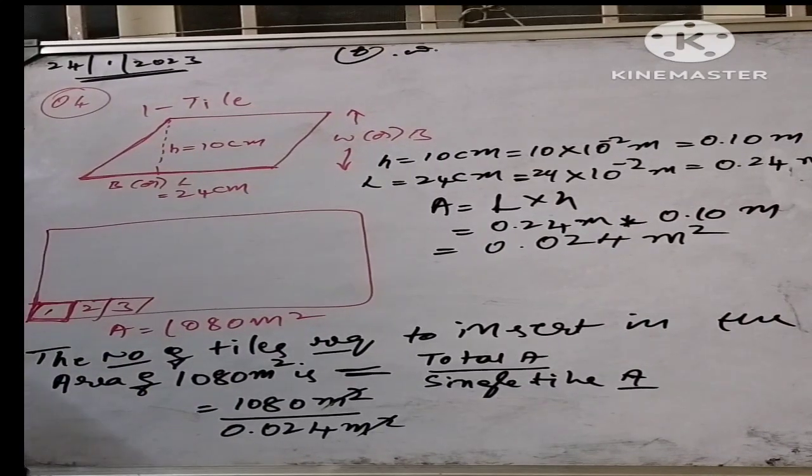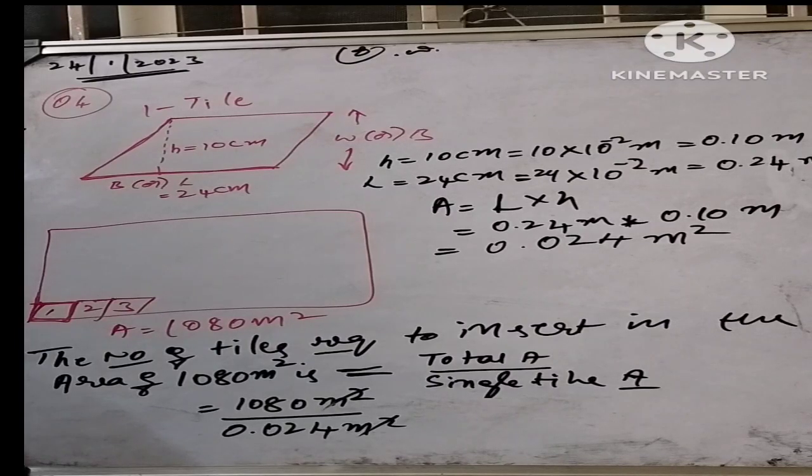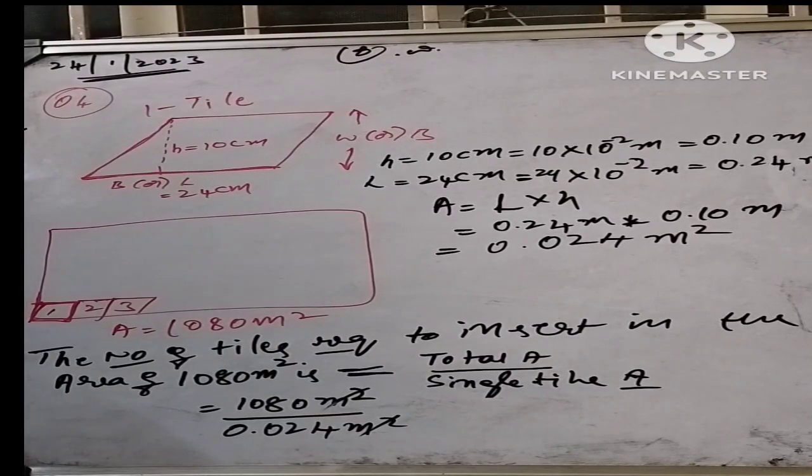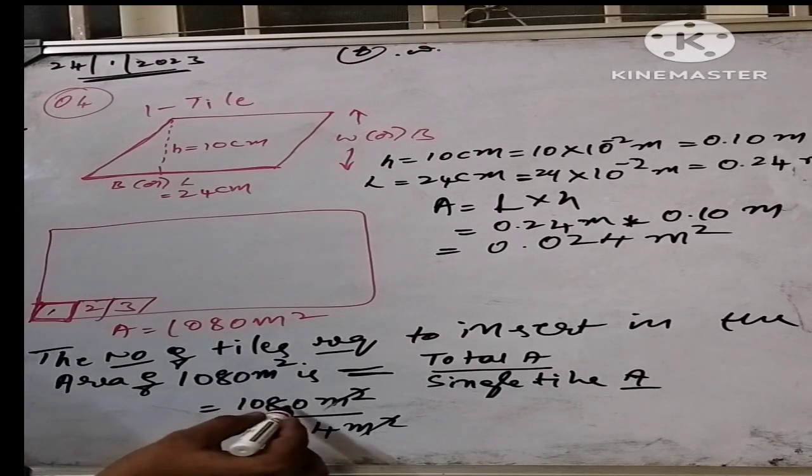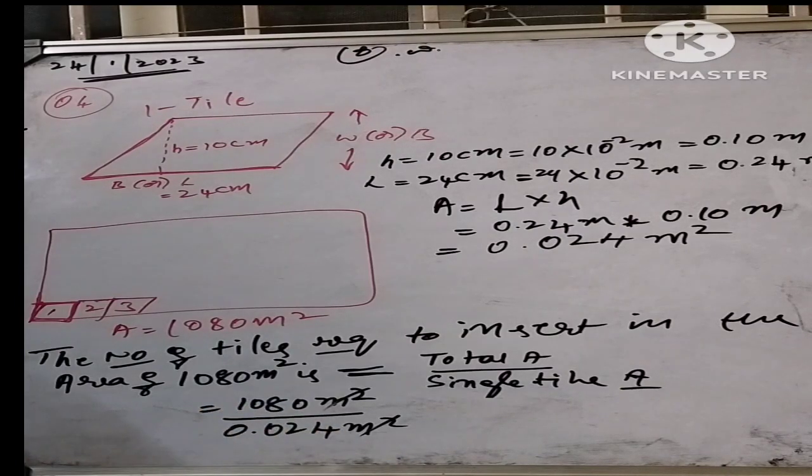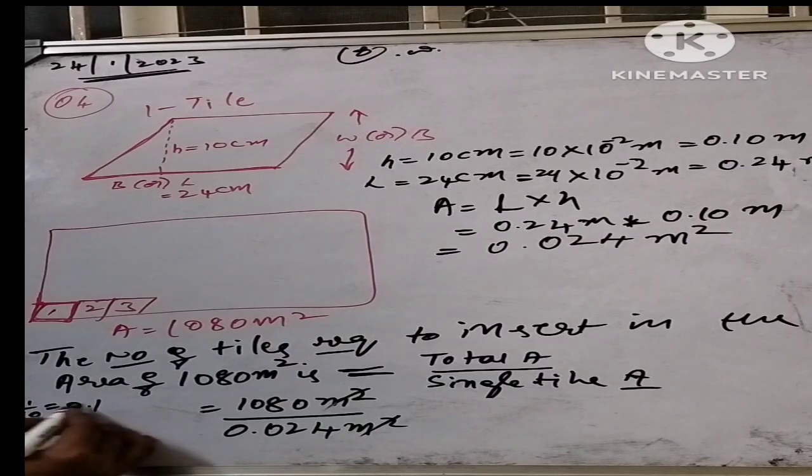Normally in this calculation, students of 8th class or some other people get confused. Why? Because 0.024 is a decimal and 1080 is a whole number. So how to calculate this? You have to remember this and not forget it: 1 by 10 is 0.1, 1 by 100 is 0.01.